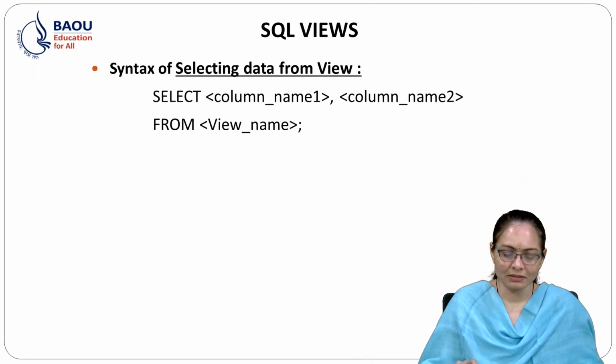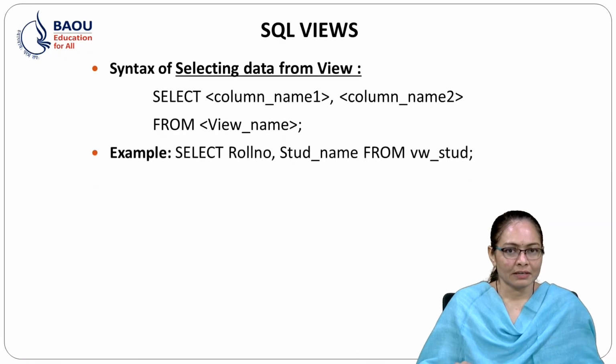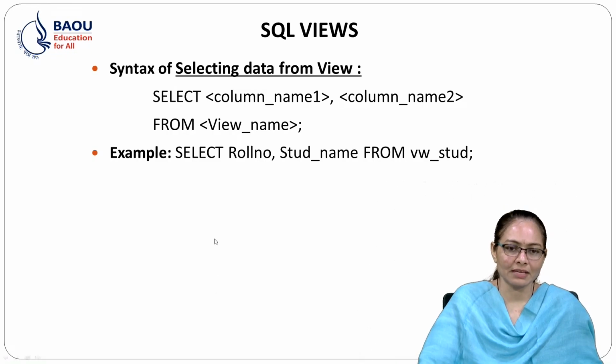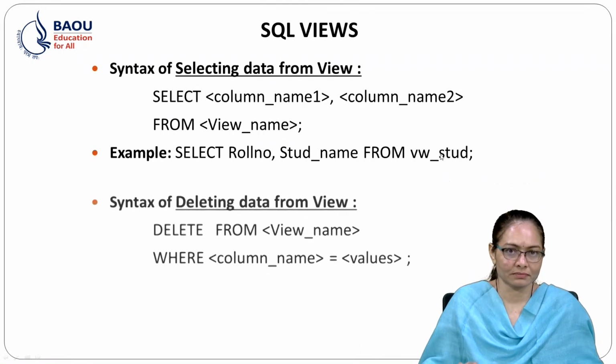We fetch the data the same as from a table, using the select command. So here, how do we fetch the data from the view? Select roll number, name from the view.